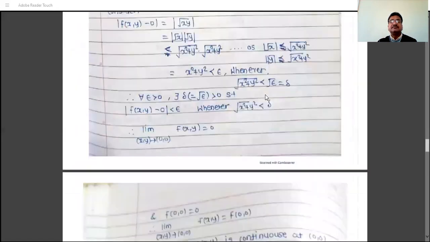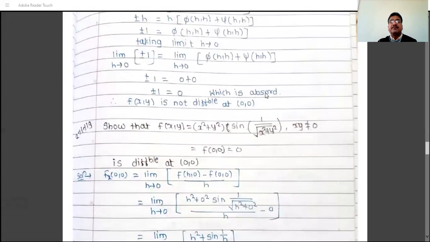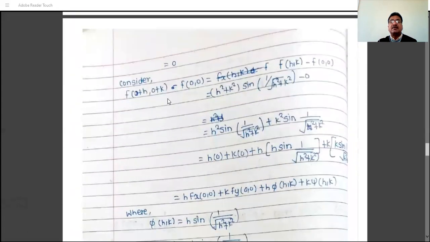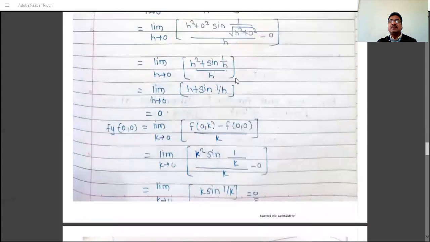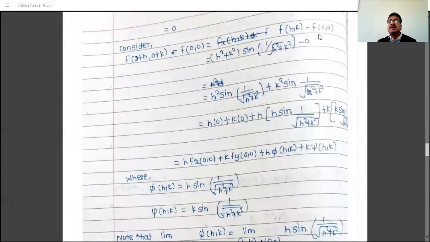So f(h,k) minus f(0,0) is equal to, what is f(h,k)? It is (h square plus k square) sine of 1 by root of (h square plus k square), minus f(0,0), which is 0. So divide this into two parts, multiplying by this bracket: h square sine of 1 by root of (h square plus k square), plus k square sine of 1 by root of (h square plus k square).